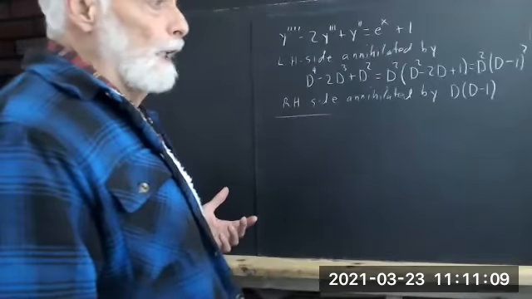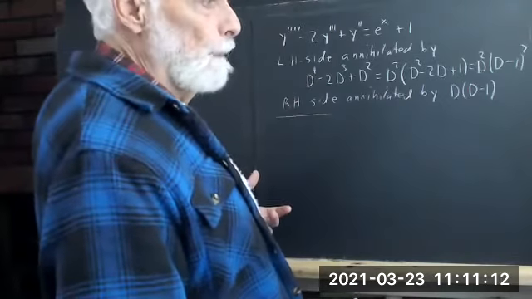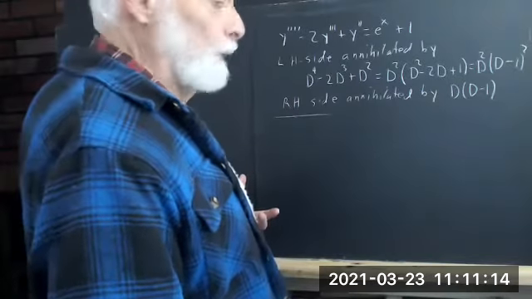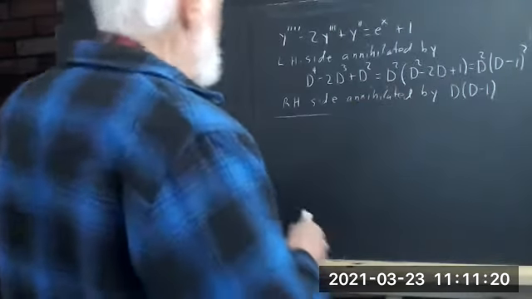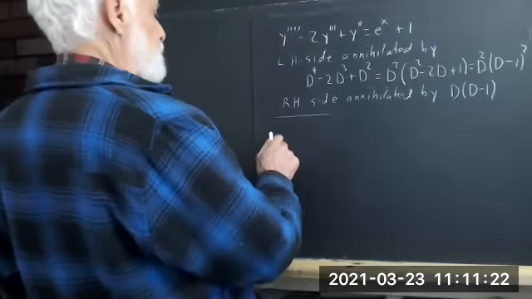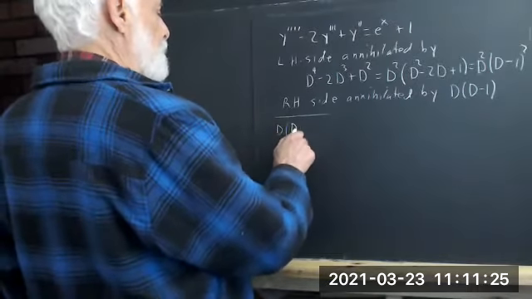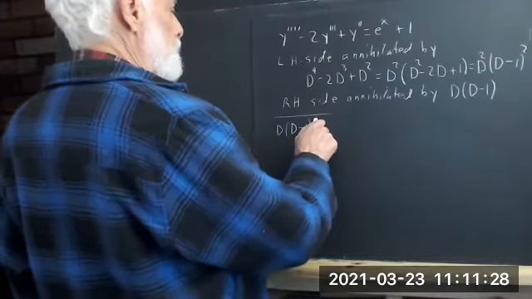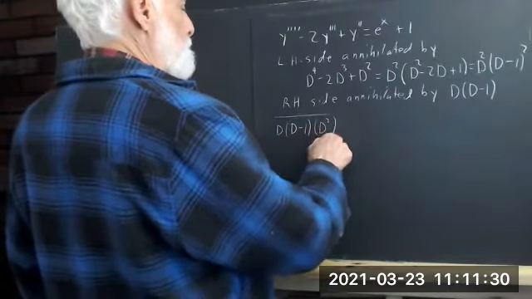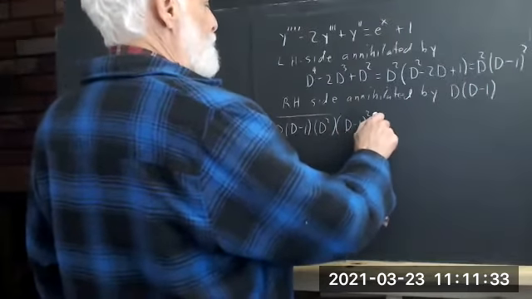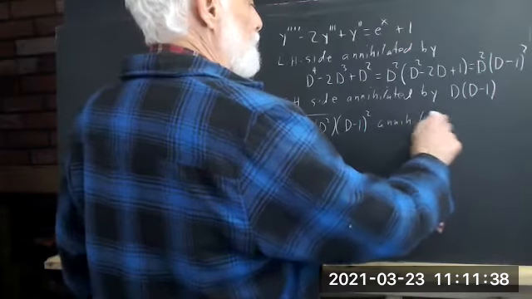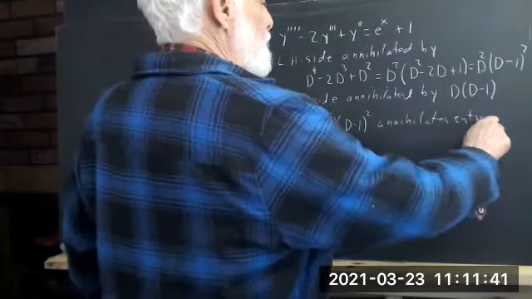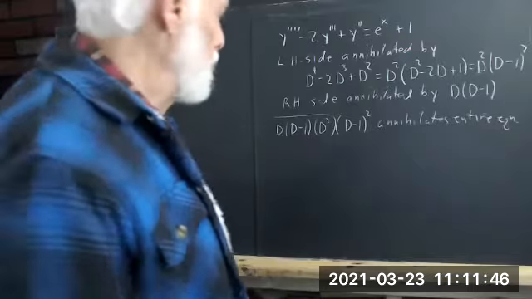Okay. Now, that means the annihilator of the entire equation is going to be the product of this and this. So this mess annihilates the entire equation.